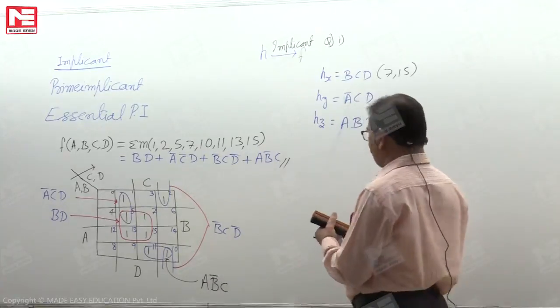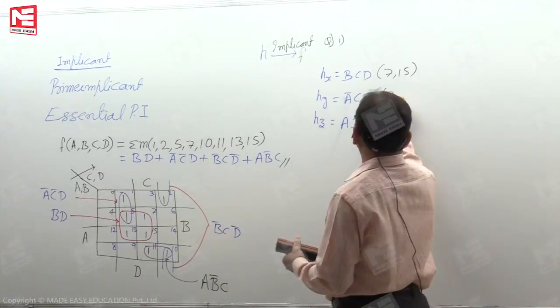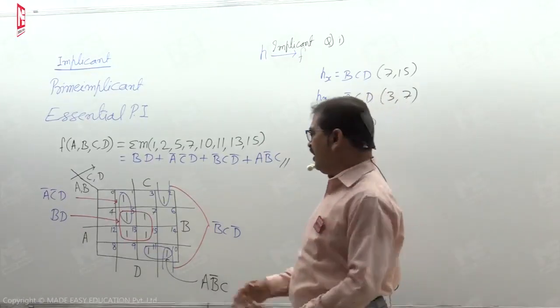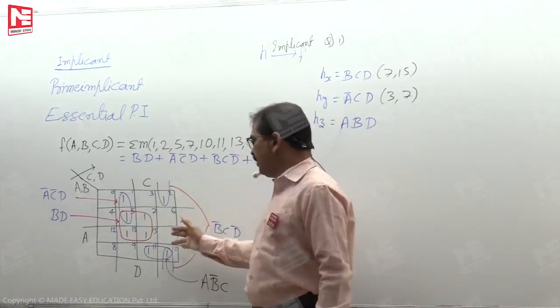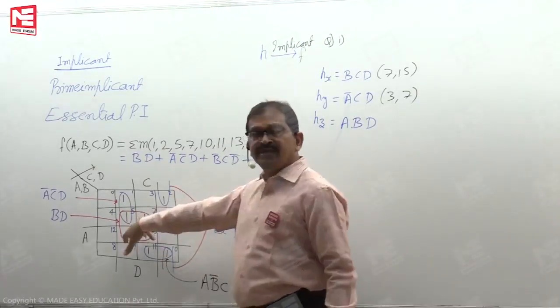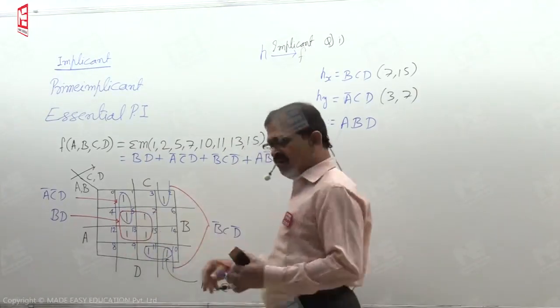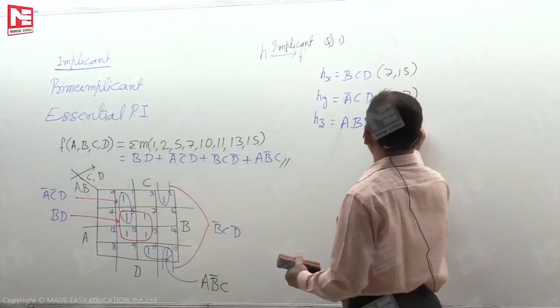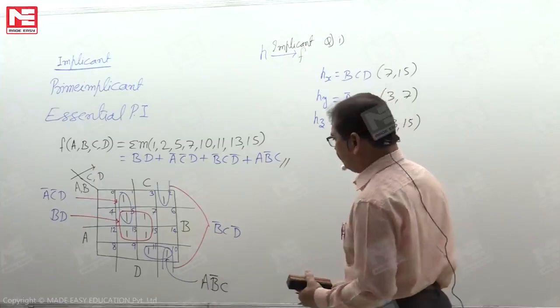Similarly, ABD: A belongs to the bottom 2 rows, B the middle, D this portion. So ABD is coming with the grouping of cells 13 and 15.